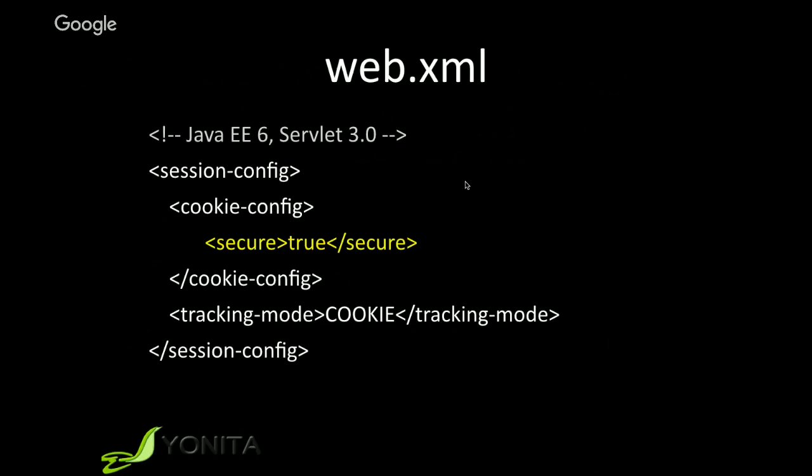Before Java EE 6, we had to put in a lot of work to make it work. For example, we had to implement an additional interceptor. From Java EE 6, we only need to configure a secure parameter. And that's all. Awesome.